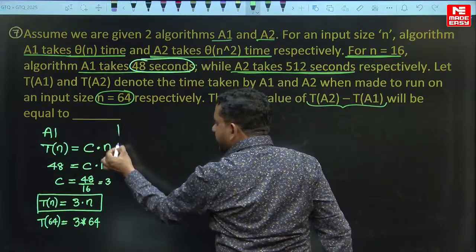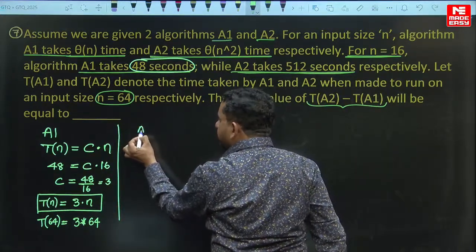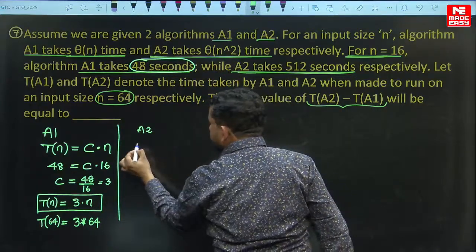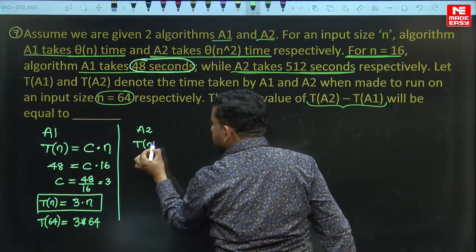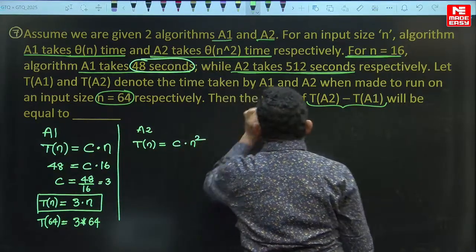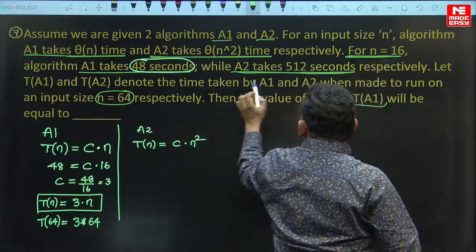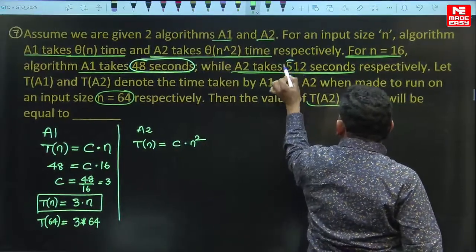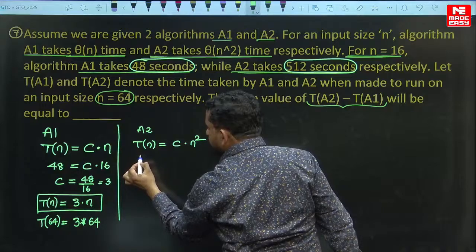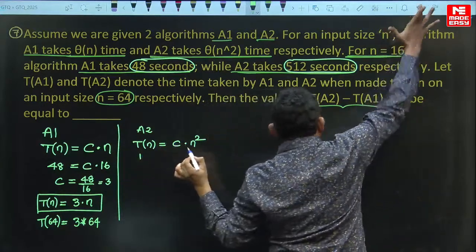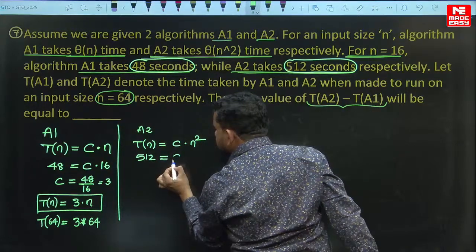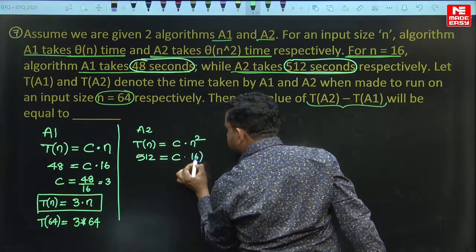Now similarly take the second algorithm A2. For the A2 algorithm the time complexity given is n square. So T of n is constant times n square, and for n equal to 16, 512 seconds are required. So 512 is C multiplied with 16 square.